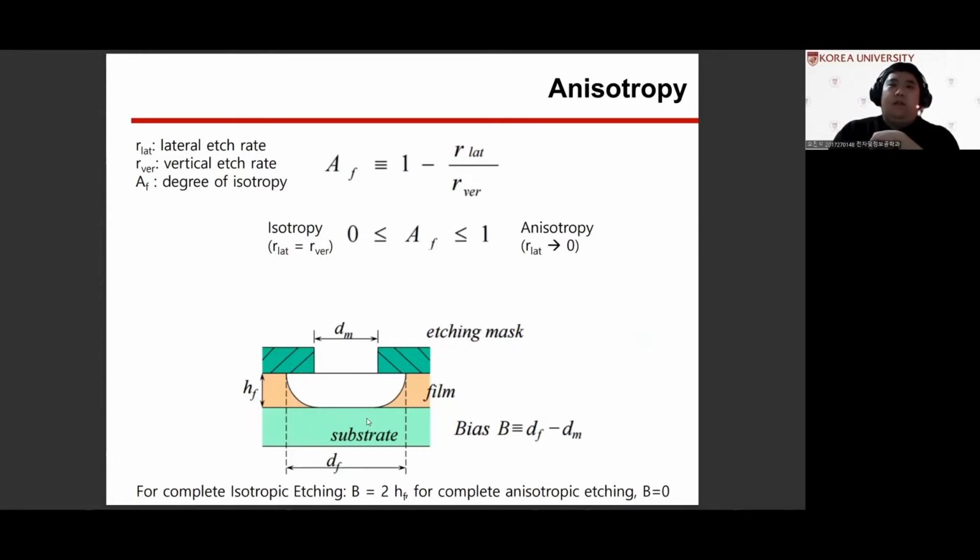If the etch profile is vertical, it is an anisotropic etch, and if you see this hemisphere-like structure, it is much more isotropic. If the profile is fully isotropic, the degree of isotropy is 0, and if the etch profile is perfectly anisotropic, the degree of isotropy is 1.